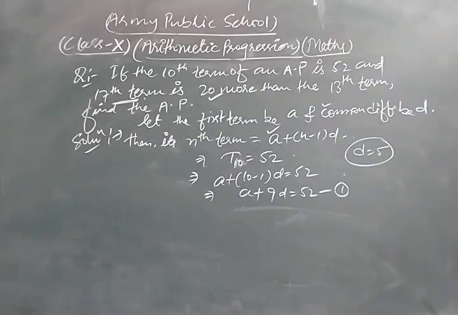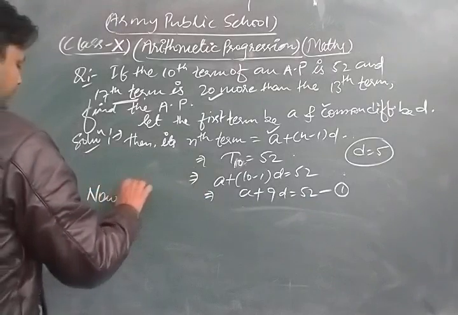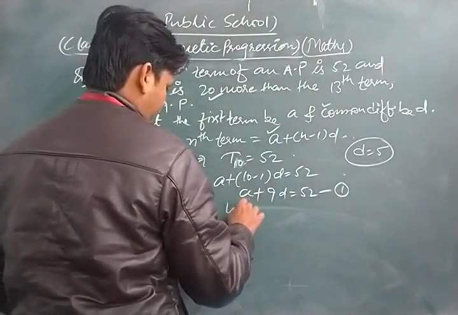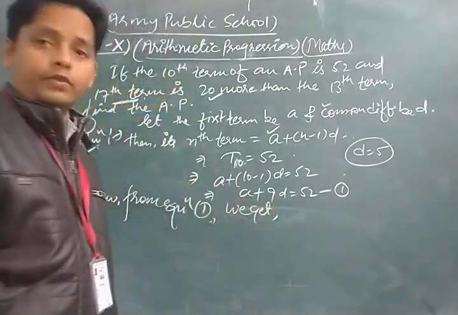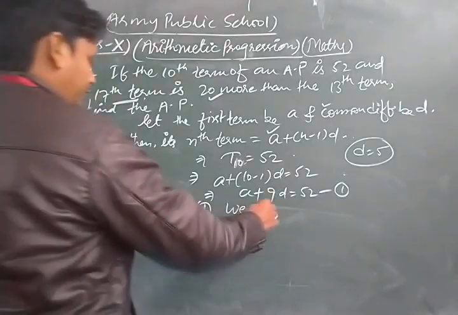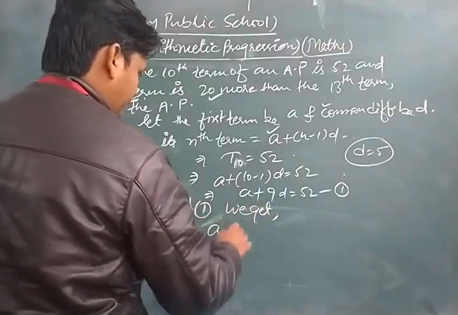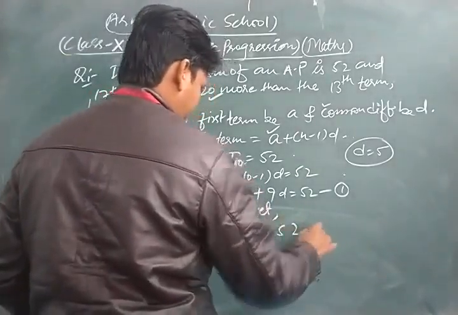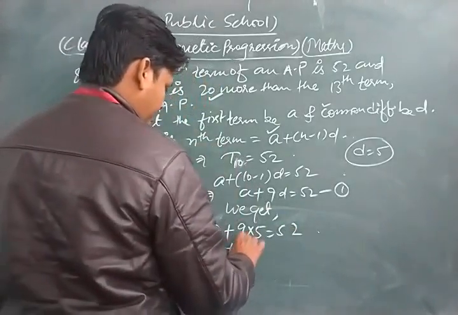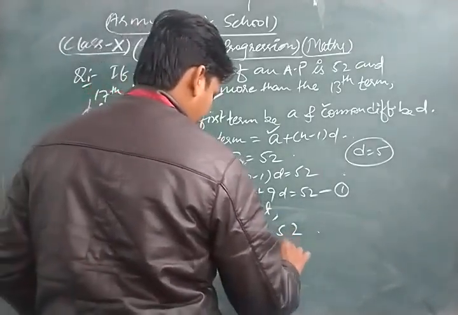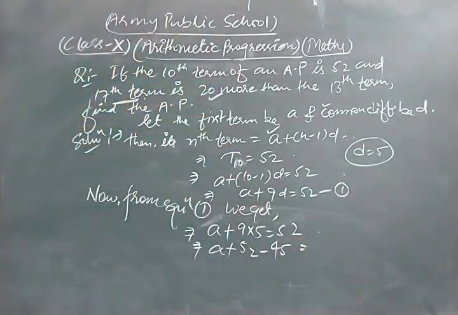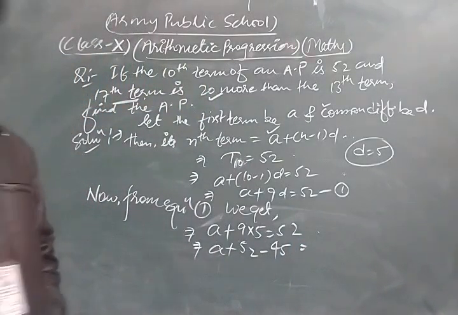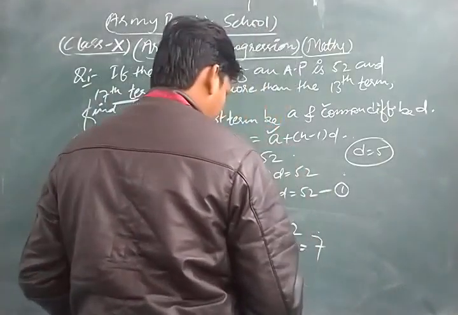Now from equation 1, we put D equal to 5 and we get A equal to 7.